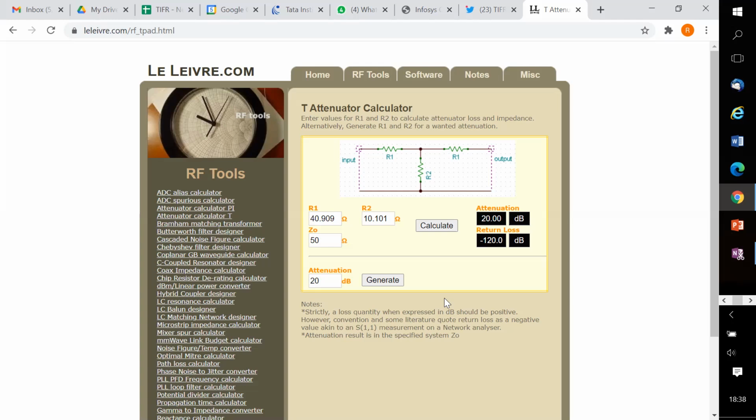Jay? I was going to say something similar to what Joydeep said. It seems like this R1 plus R2, this arm of the circuit, is more and more matched to the input circuit, and that restricts it. So most of the signal just uses that path, and very little of it is transmitted across to the second port.